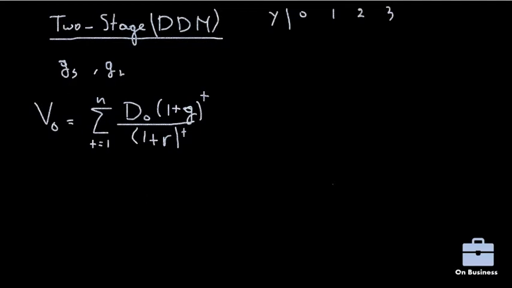Now I reach the period of long-term growth, right? When I reach period 3, that's when long-term growth persists thereafter. So in order to get V3, I use the perpetuity formula.